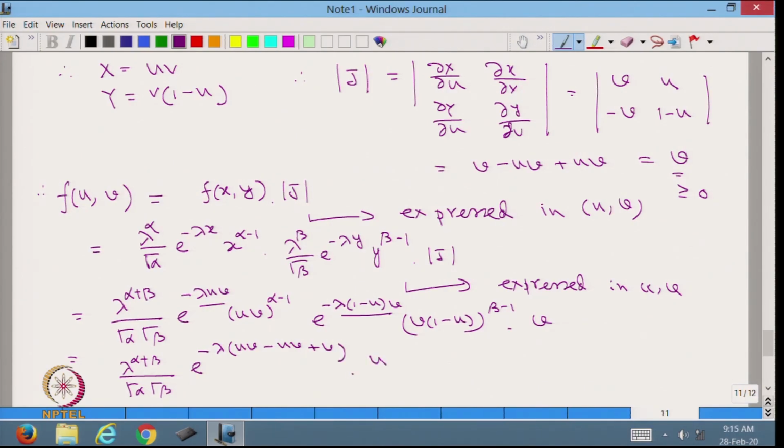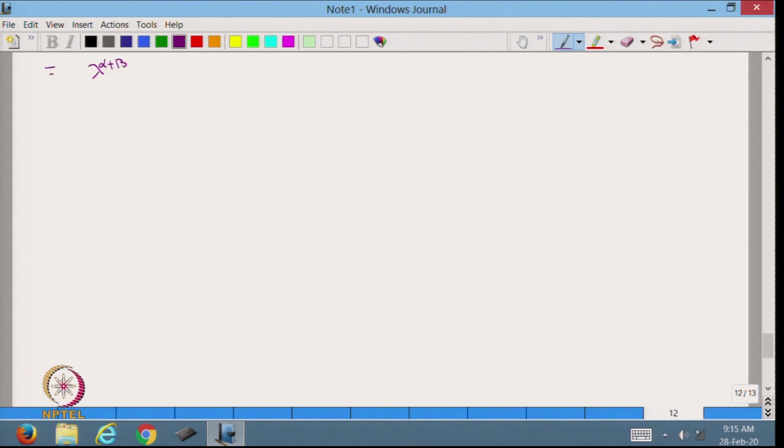Into u to the power alpha minus 1, v to the power alpha minus 1, v to the power beta minus 1, 1 minus u to the power beta minus 1 into v, is equal to lambda to the power alpha plus beta upon gamma alpha gamma beta e to the power minus lambda v.